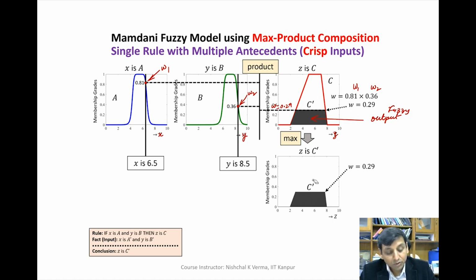So we don't have to do anything further, and the same output becomes the final output, which is in the form of a fuzzy set, the truncated fuzzy set. Now we can use a suitable defuzzifier to convert this fuzzy output into the crisp value.